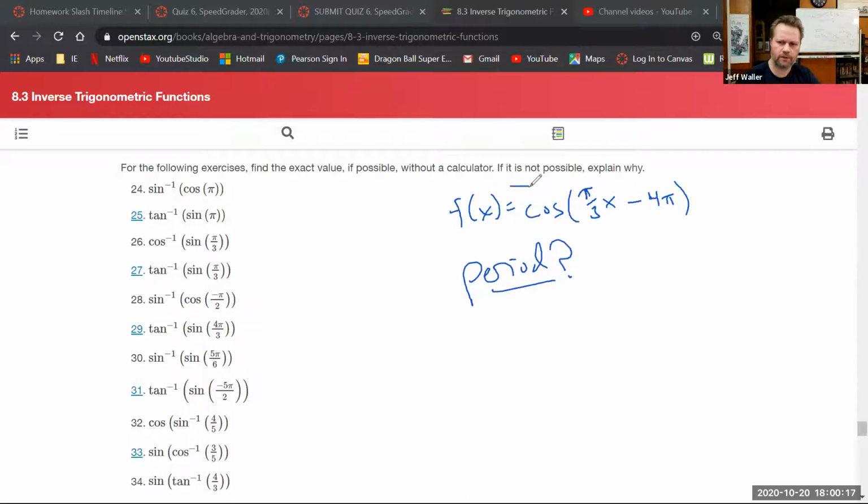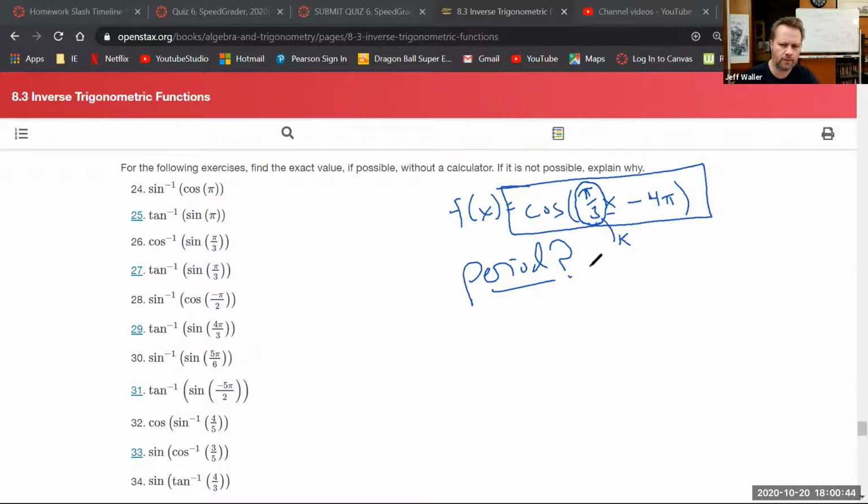What part of this is related to the period? Pi over 3. The pi over 3x minus 4 pi. This guy, the multiplier. I call him the multiplier because it's multiplying x. That's what we call k. Does it matter that you remember that letter? No. It's just what do you do with pi over 3?